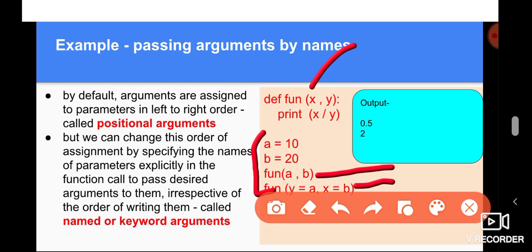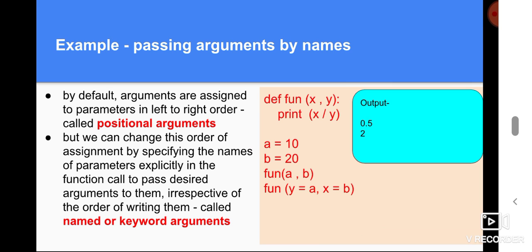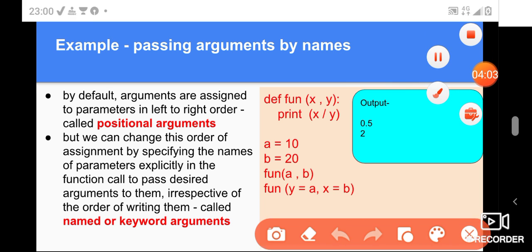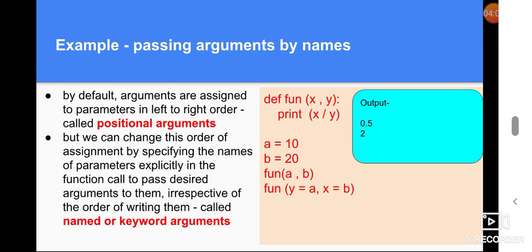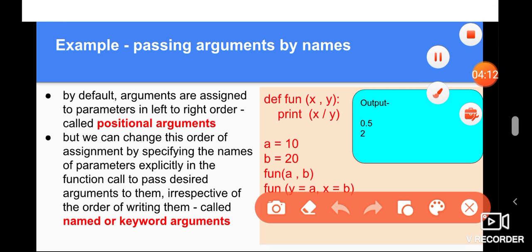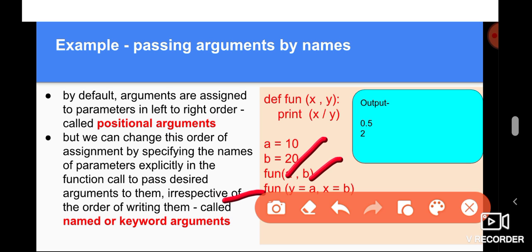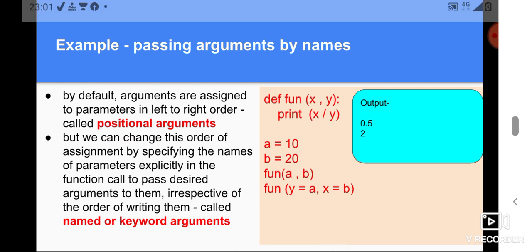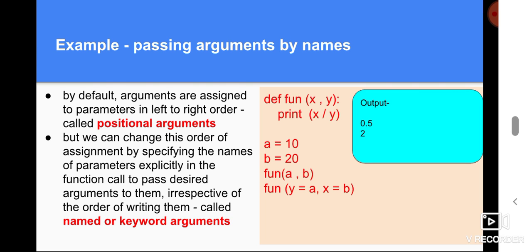But this is only one of the ways you can call a function. There are other ways also. Now see this example. In the fourth line of the main program, we are again calling the same function fun, but in a slightly different way. Instead of passing the arguments using the default mechanism of positional arguments, we are writing the names of the parameters also.